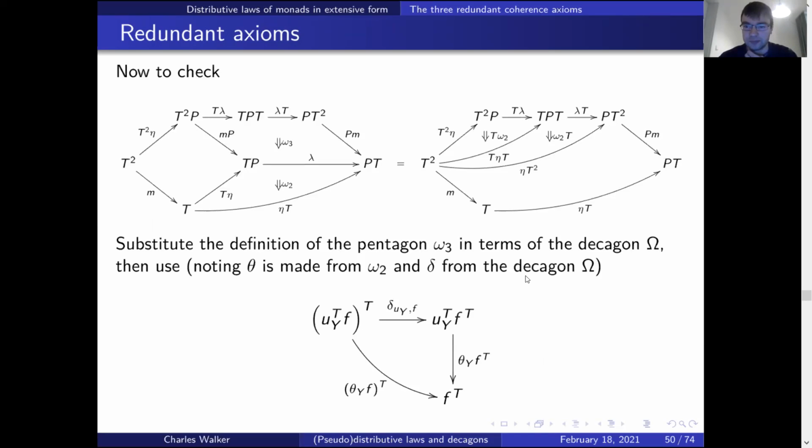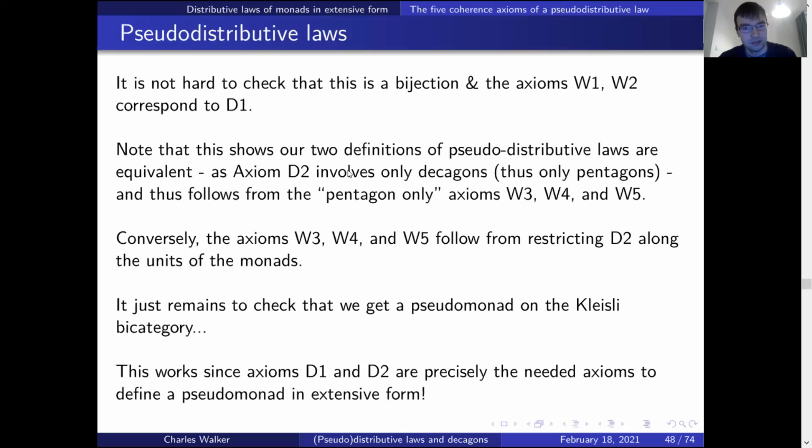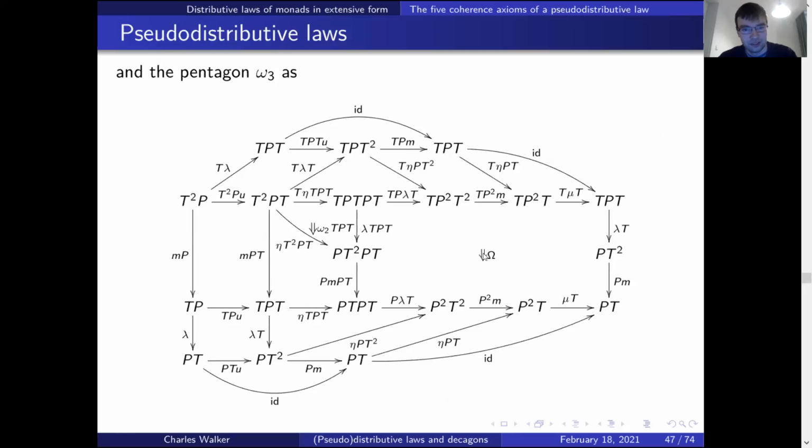What about this one? Where does this axiom come from? Well, the way you would prove this is, the first thing would be to sub in the formula for this omega-3 in terms of the decagon from earlier. This looks a bit scary, but the point is omega-3 was just some pasting of the decagon capital omega with the unit omega-2.